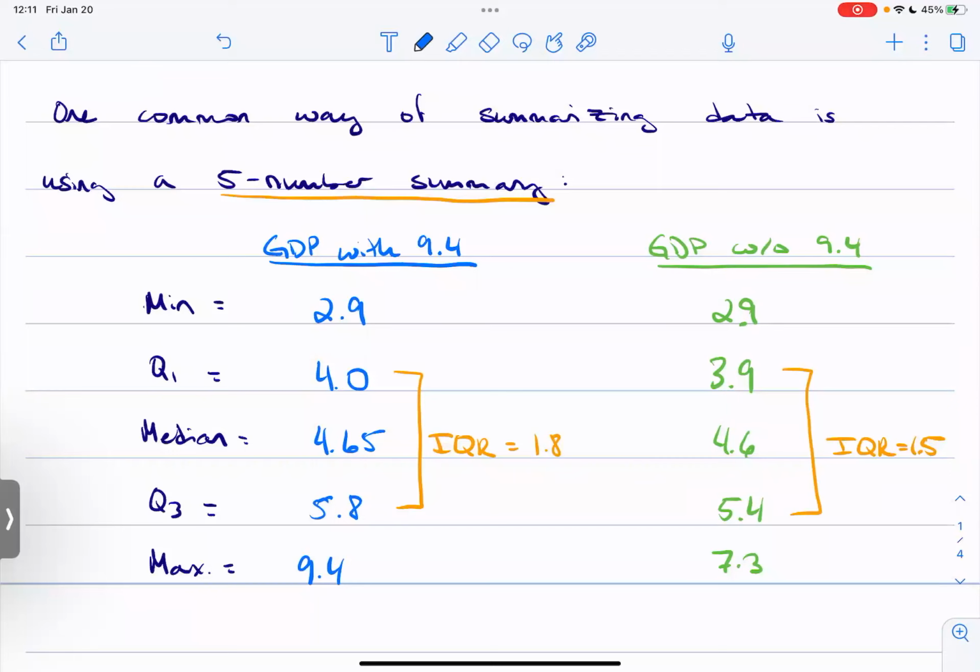Now, these numbers, although they do tell us a lot of information, right? Because the distance between the minimum and Q1 is 25% of your data, right? So if these values are really close together relative to the other distances, then what does that mean?